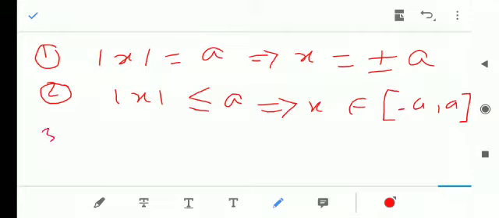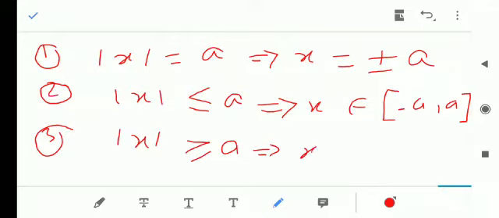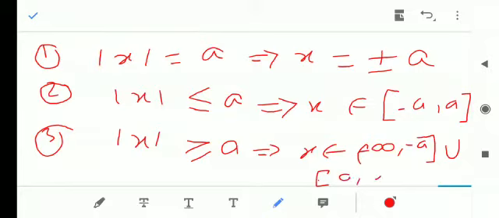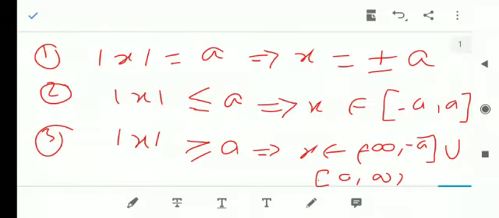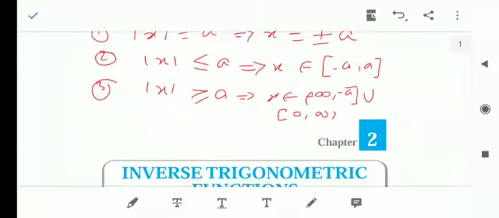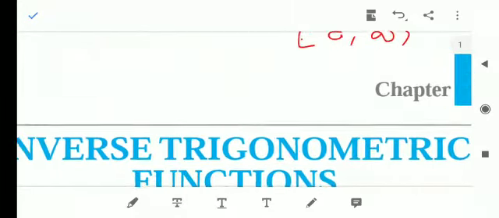Point number 3: if |x| ≥ a, this implies that x belongs to (-∞, -a] union [a, ∞). Take note that -a will be included. So these are the three concepts, and a few more things can also be understood in class.